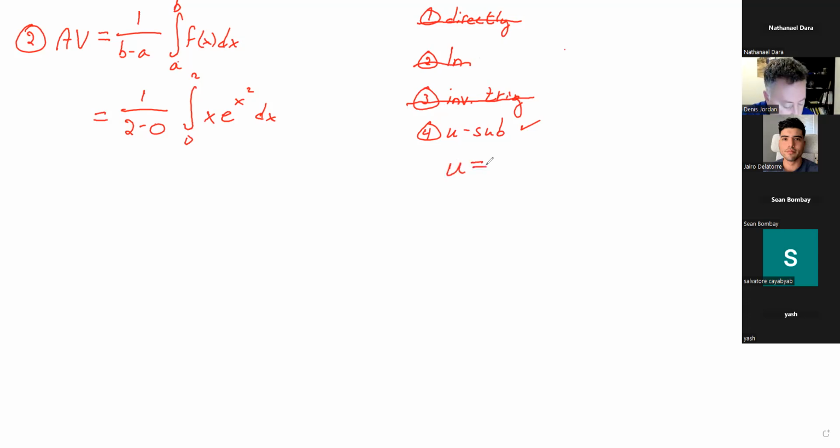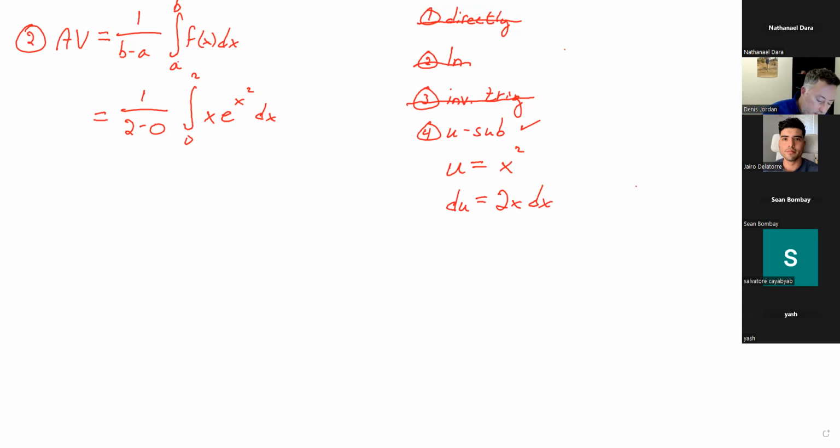So what would be a good choice for u? With e, it's usually specific what the choice for u is. It's supposed to be the exponent for e, correct? Yeah. So u equals x squared. Then your du would be 2x dx.